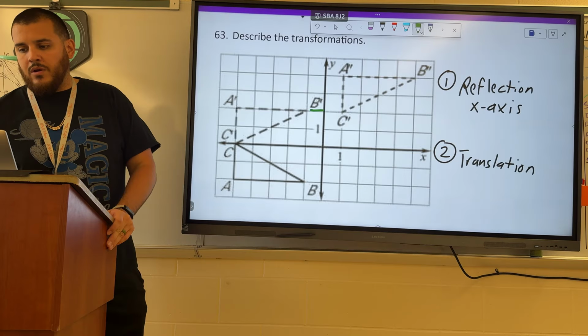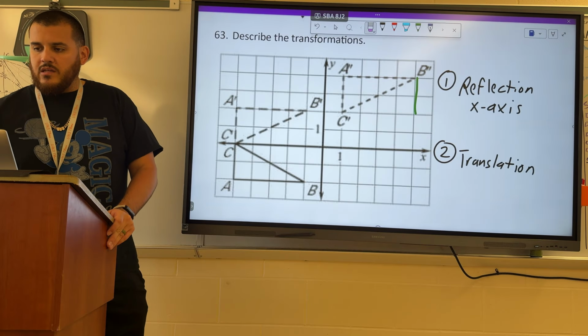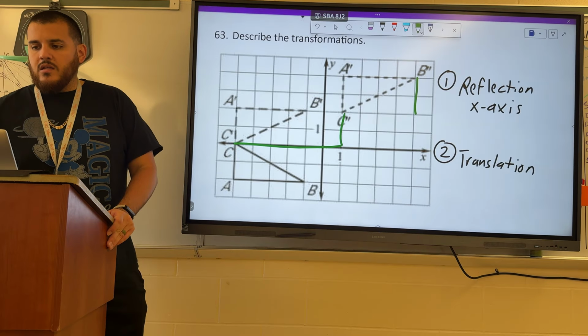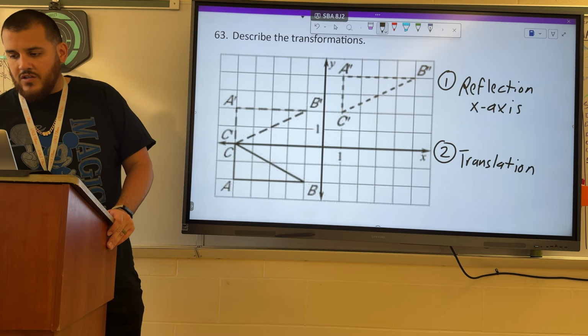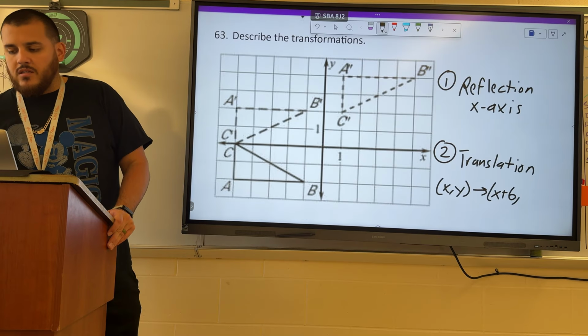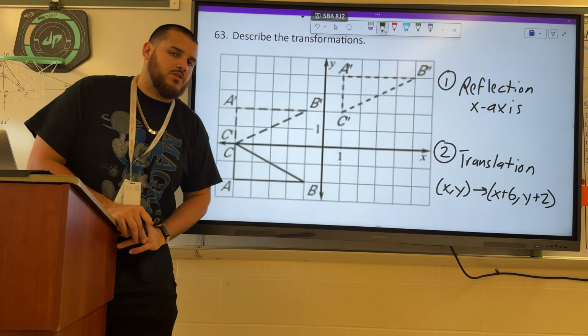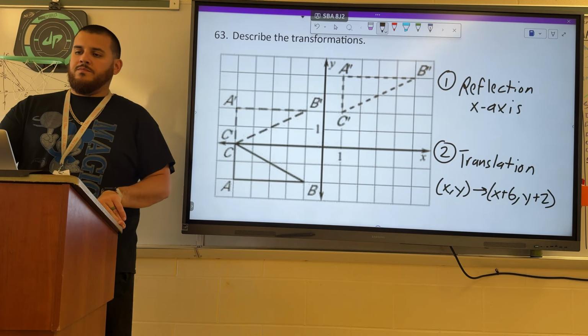B prime to B double prime, 6 right, 2 up. C prime to C double prime, 6 right, 2 up. So we can write that in function notation form. (x, y) becomes (x + 6, y + 2): 6 to the right is adding 6 to the x, 2 up is adding 2 to the y. That is our description of the transformations in this example.